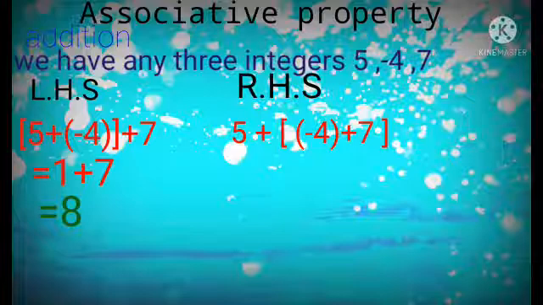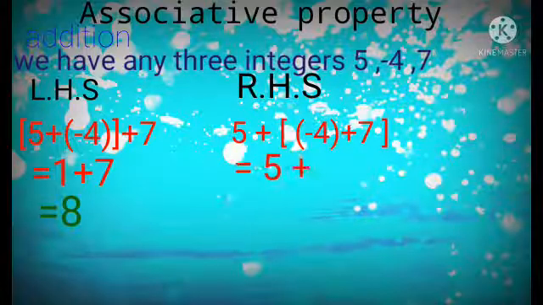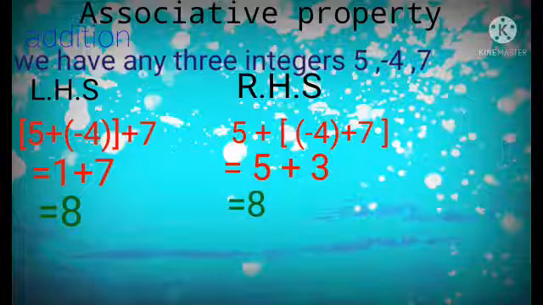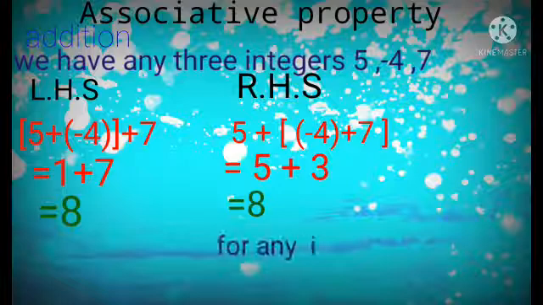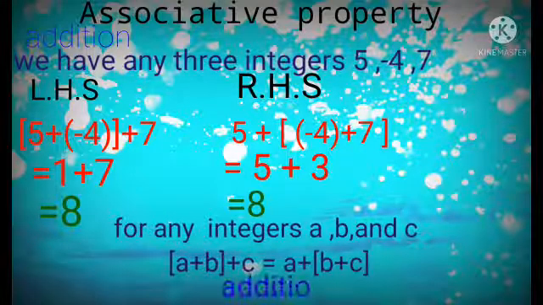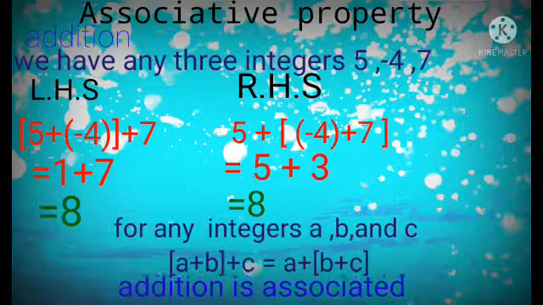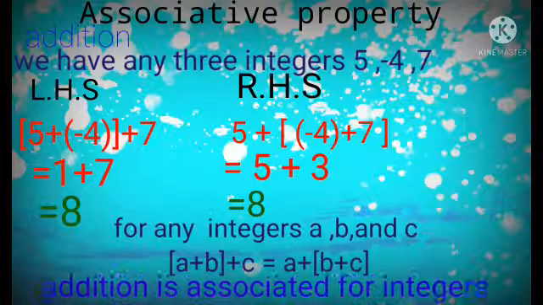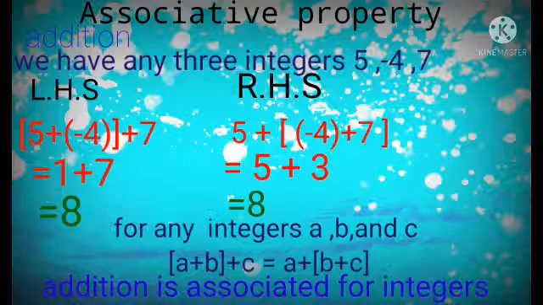On the RH side, first we add the second and third numbers, you will get minus 4 plus 7 equals 3. 3 is added to the 5, you will get 8. In these two situations, you have the same result, 8, 8. So you can say that for any integers a, b and c, (a plus b) plus c equals a plus (b plus c). Addition is associative for integers.